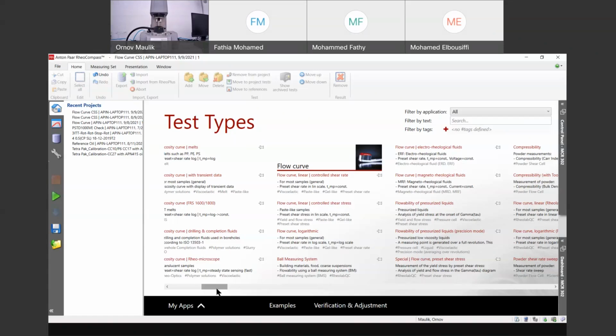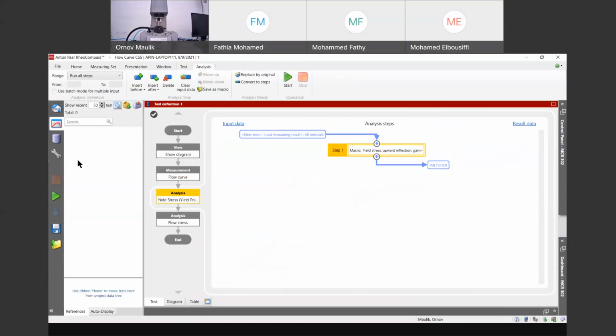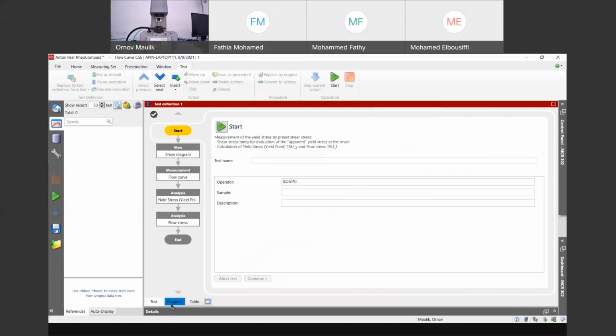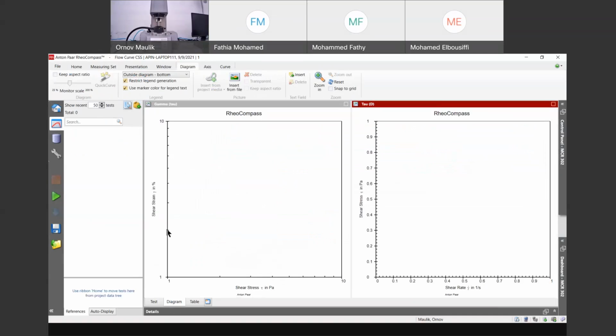And the third point is definitely when your system or your material starts to flow. That means it behaves as a viscous material. So I'll just open this test. This is flow curve linear with controlled shear stress, because we are going to measure these samples in a controlled shear stress mode, where we need to control the shear stress and we are determining the shear strain.